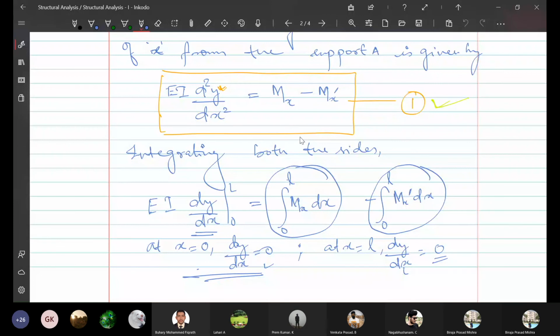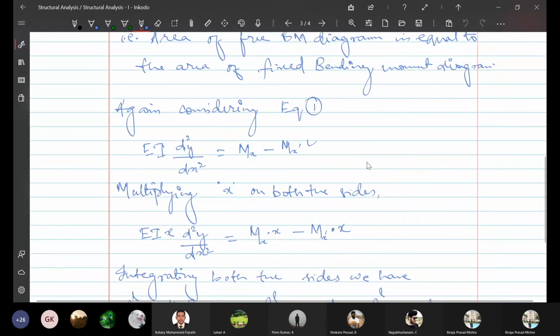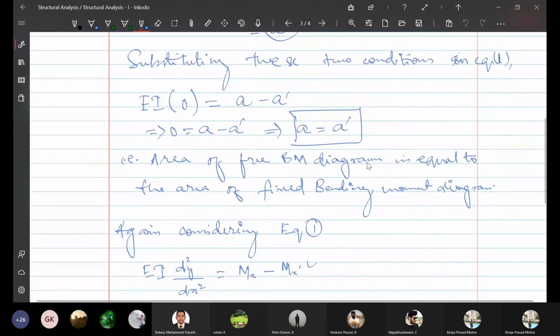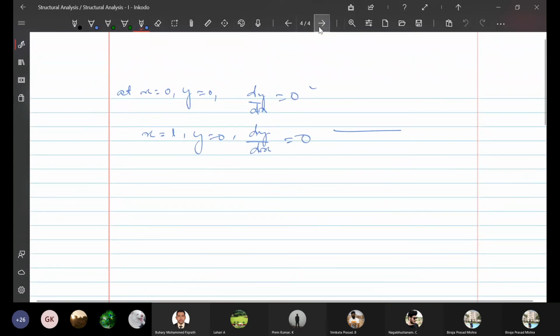Let us say this is equation 2, and here we have found out A dash equals A. This is equation 3, and this one is equation 4.